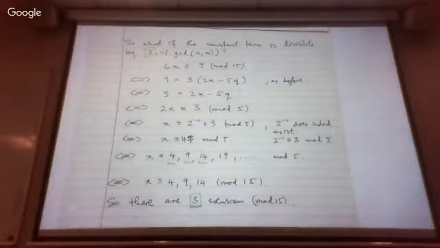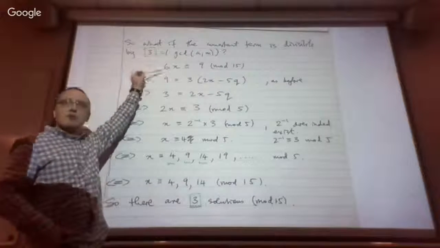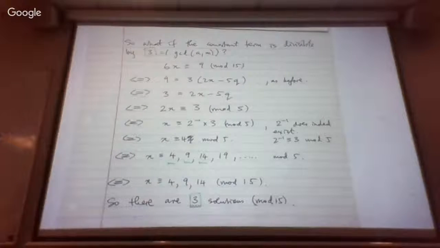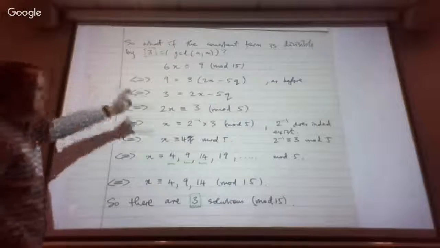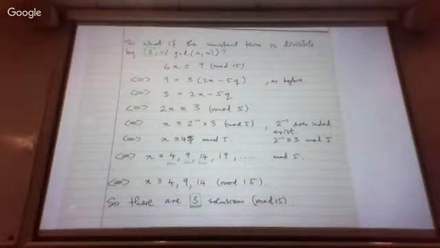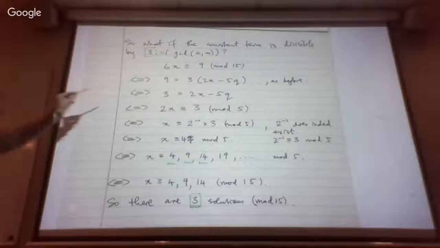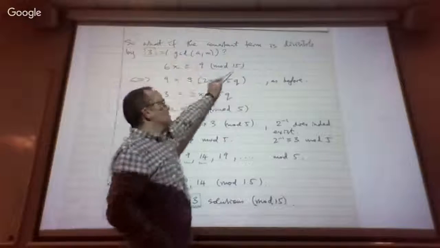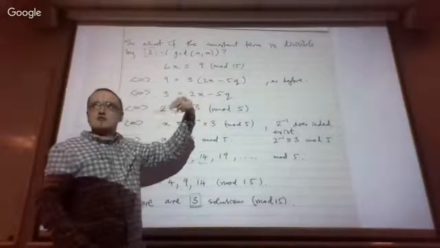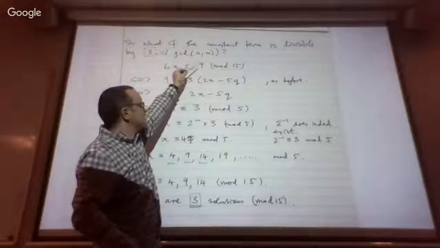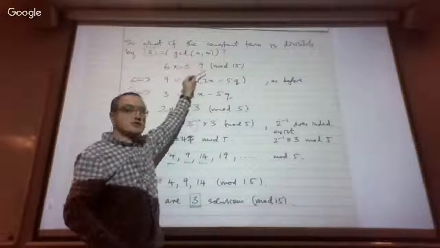So now we can start to pick out another general result. This is all specific to one problem, but the steps that are taken there, messing around with the GCD, dividing both sides, etc., let you pick out the general result. If you have a linear congruence where the 6 is not coprime to 15, so it has a non-trivial GCD, and if that GCD does divide the constant term, there will be solutions.